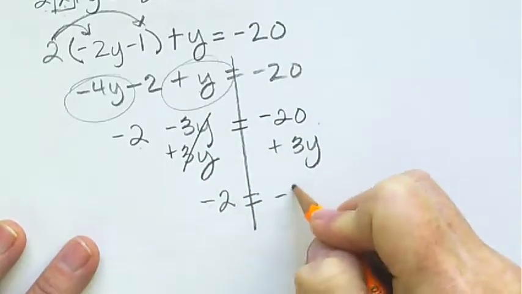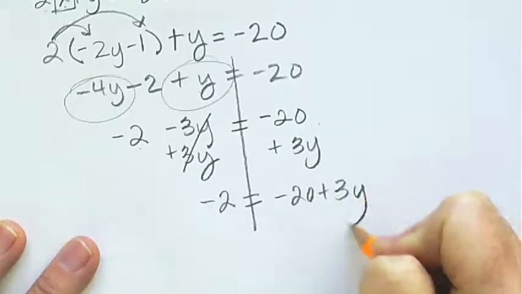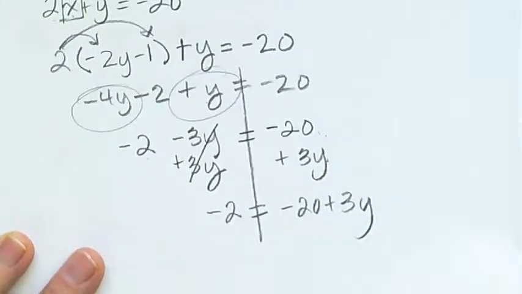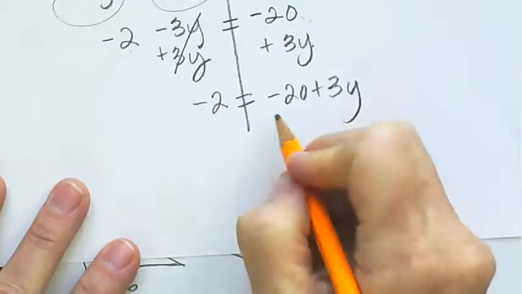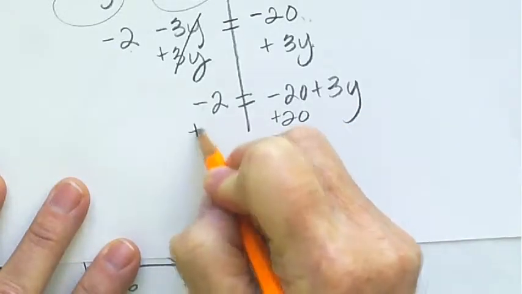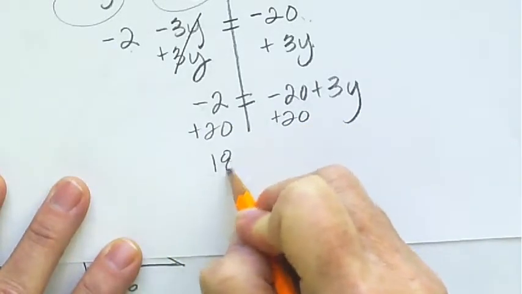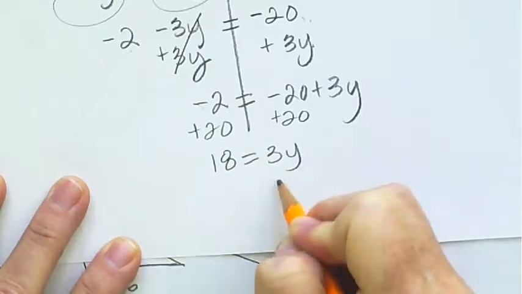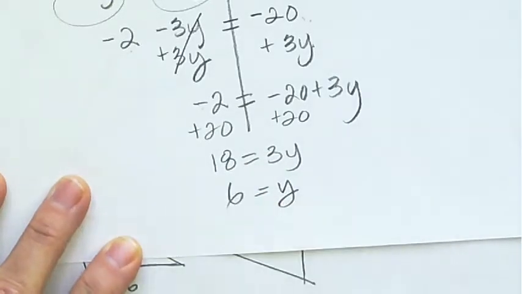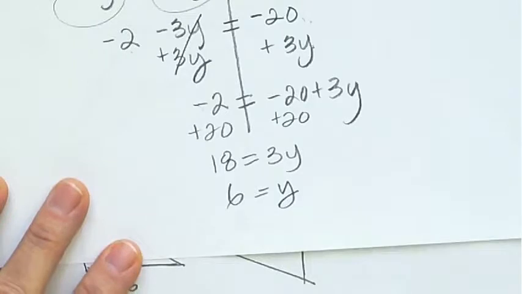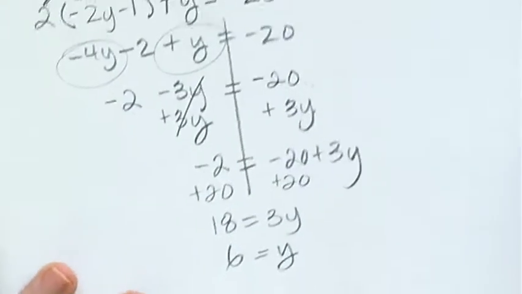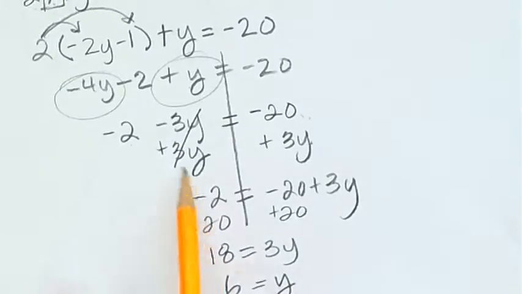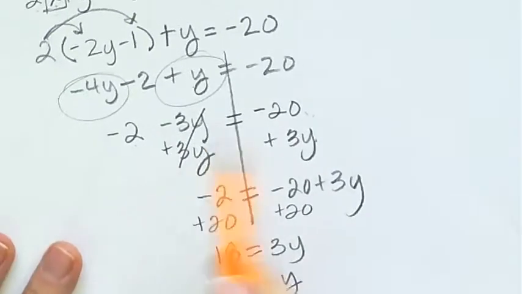So that would give me negative 20 plus 3y. I can't add these together. They're not like terms. And then I would isolate y and get y by itself. So I would add 20 to both sides. Divide by 3, and you're not dividing by a negative, and I would strongly encourage you to do that when you have a negative coefficient for the variable that you are solving for.